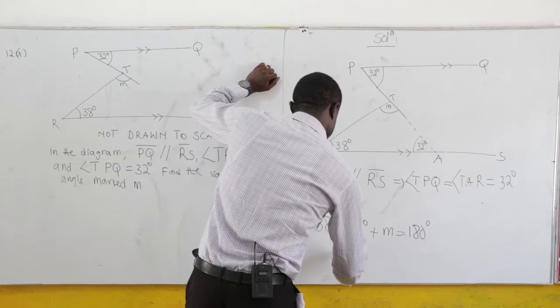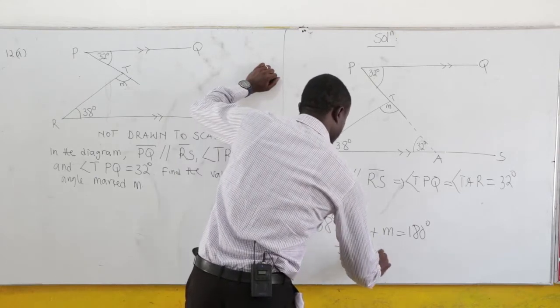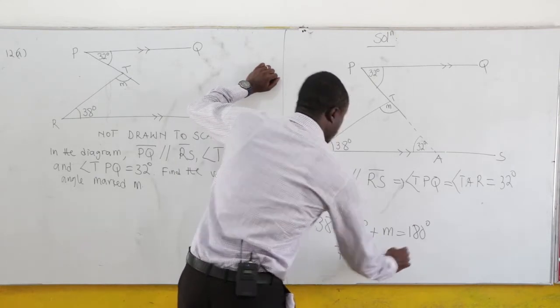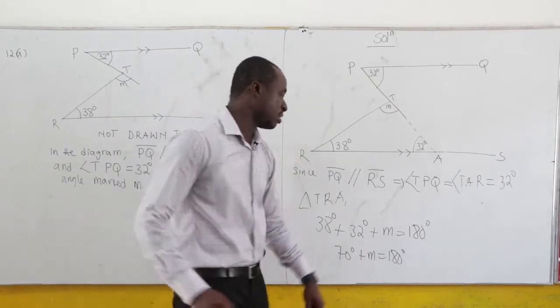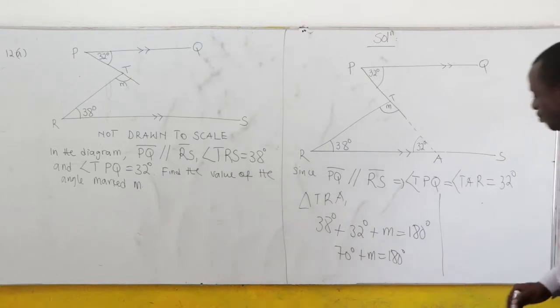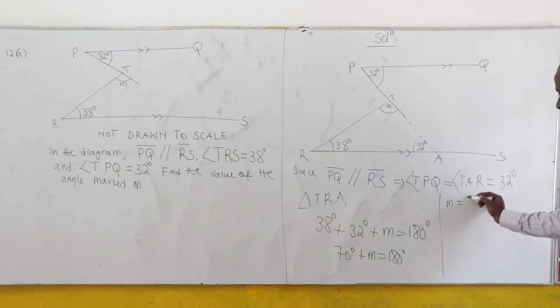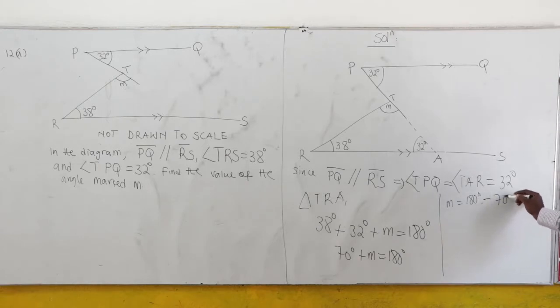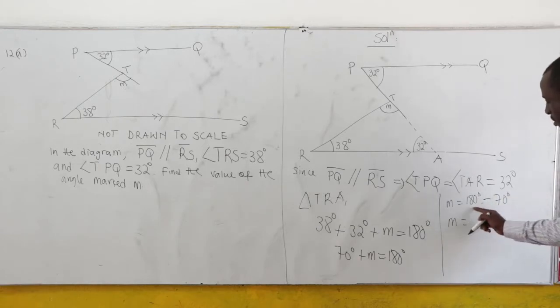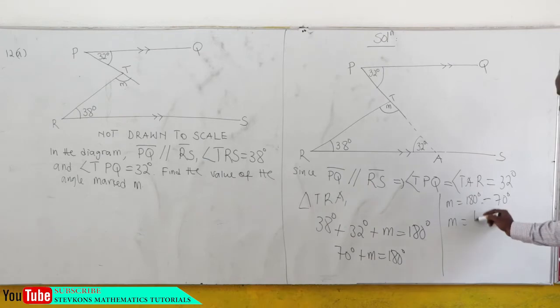This is just 70 degrees plus M equals 180 degrees. We want to find M, so this has to go to the other side, grouping like terms. So M equals 180 degrees minus 70 degrees, and this is 110 degrees.